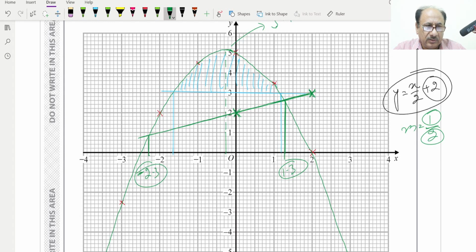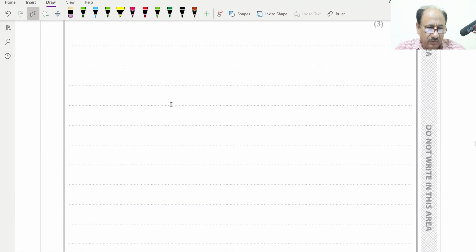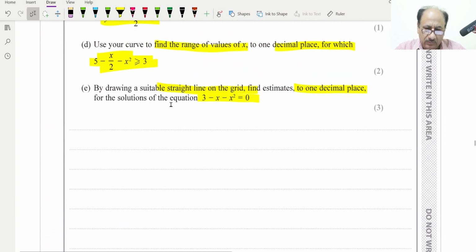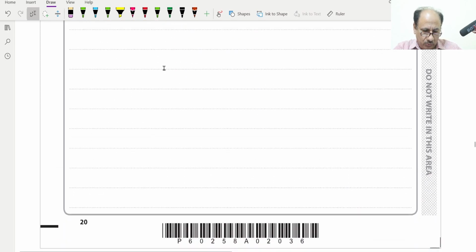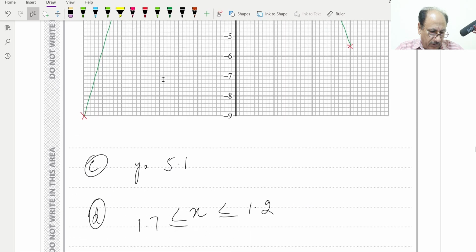So the answer for this one, which we have drawn by drawing a suitable line on the grid, find estimates to one decimal place for the solution of this. So solution of these two are what? It is x is equal to this one, minus 2.3 and 1.3.